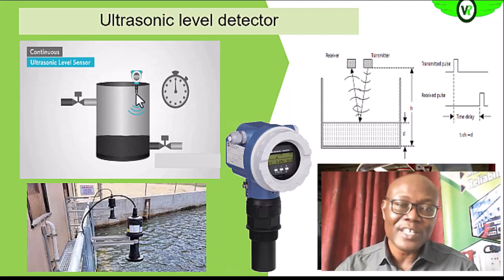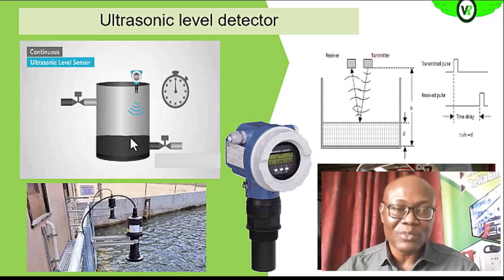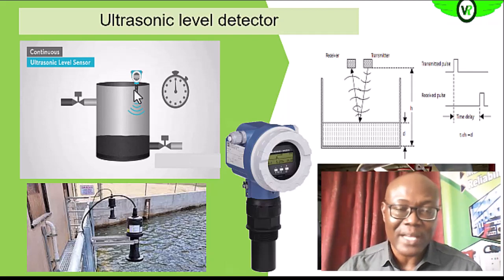So if the travel time is short, it means that the level of the fluid is high within the vessel. That means the vessel is full. That is why the time it took the ultrasonic signal to go to the level and back is short. But once it's a little bit empty or low, you see that it will take a longer time to travel to that surface and back.